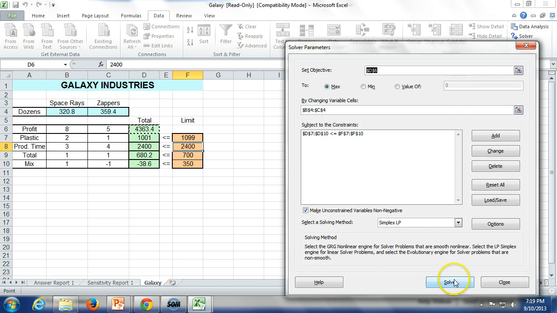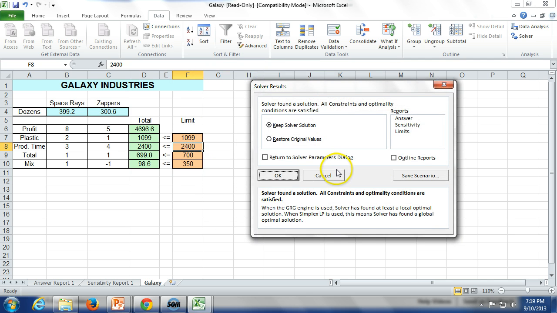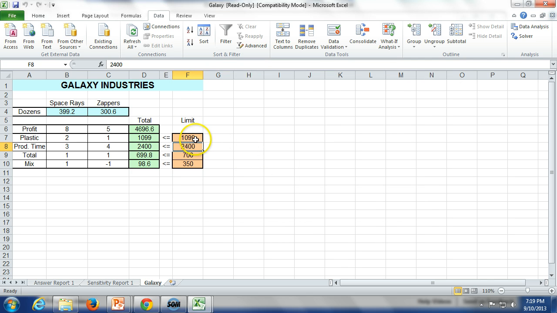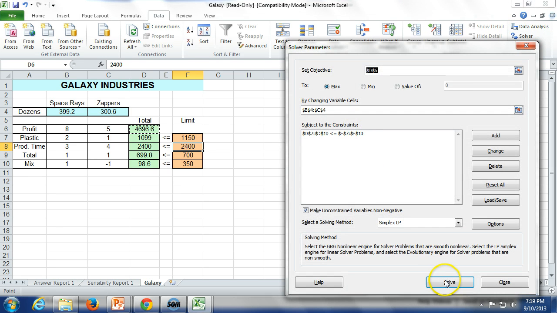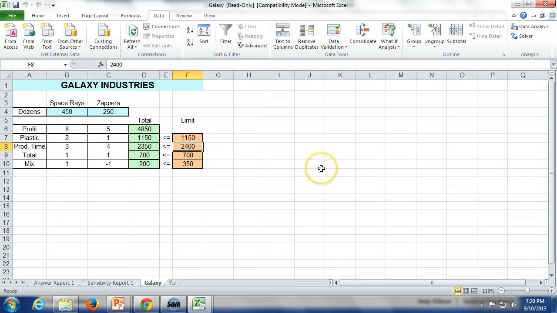My profit is going to go up by 99 times $3.40, and it does. Okay? If I go beyond that range of feasibility, let's say I go to 1150, I click solve, I click solve again. Okay? Something else became binding, and I didn't get that same result. You see now what became binding is the total production is now binding.